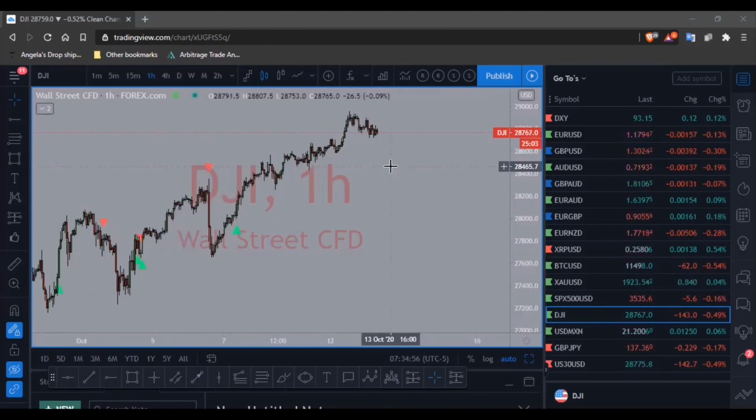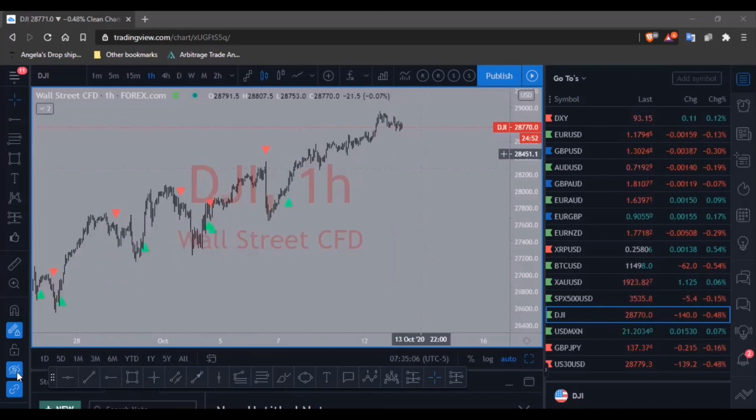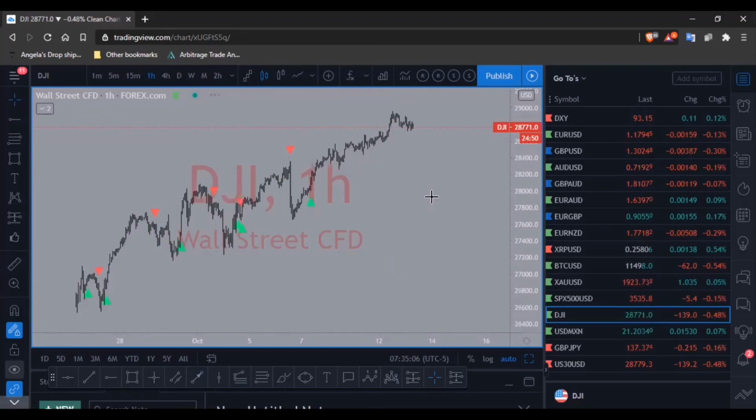My stop loss got hit at break even though, and I swear if it's spread, I'm gonna be upset. All right, so Dow Jones. I had called for this sell, price went up, and it hit stop loss, unfortunately.